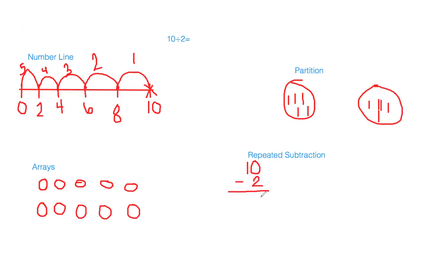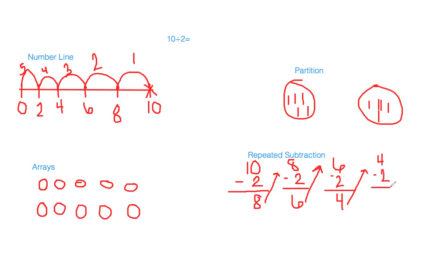So 10 minus 2 is 8. 8 minus 2 is 6. 6 minus 2 is 4. 4 minus 2 is 2. See if I can squeeze this one in here. And 2 minus 2 is 0. And so I know that I'm finished now that I've got to 0.